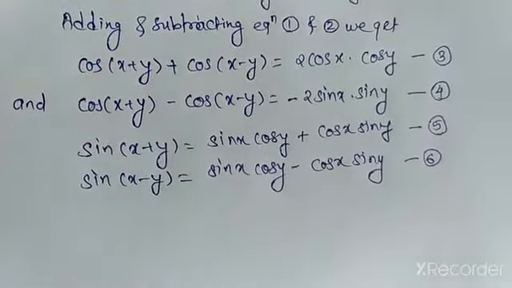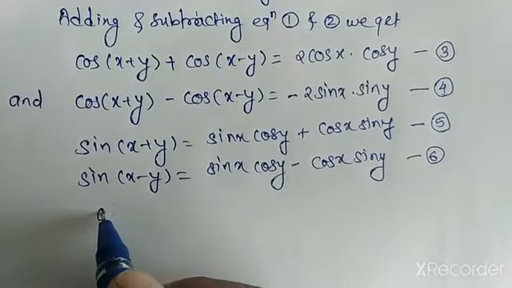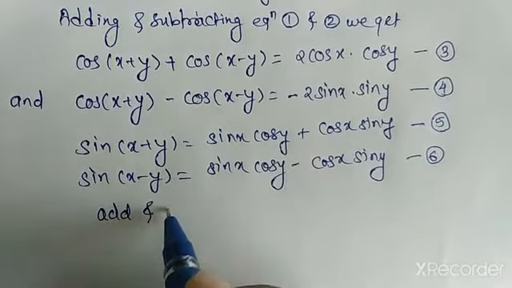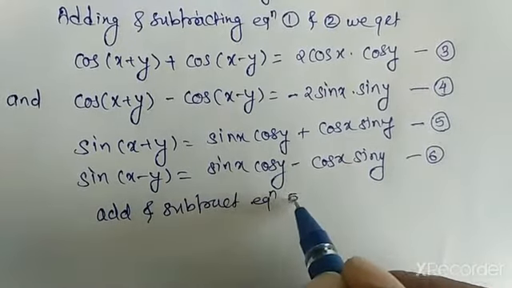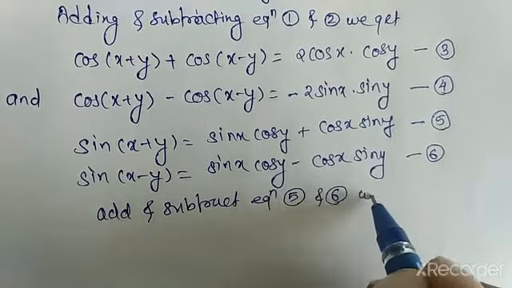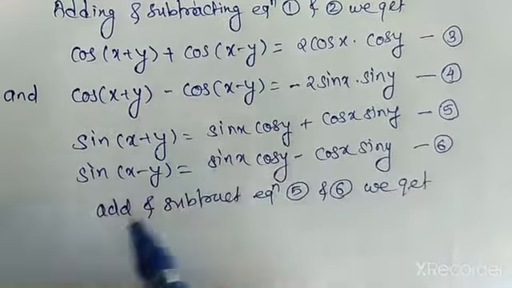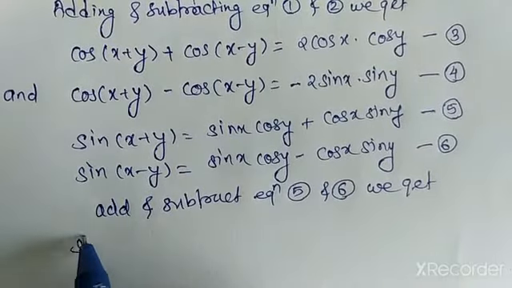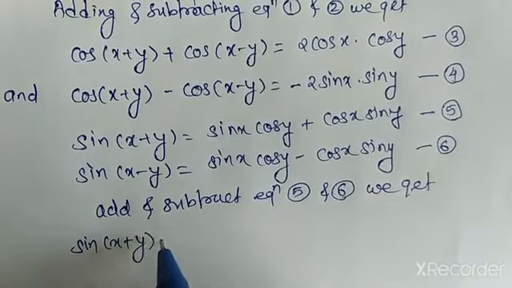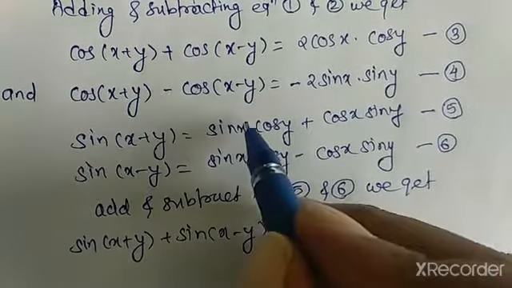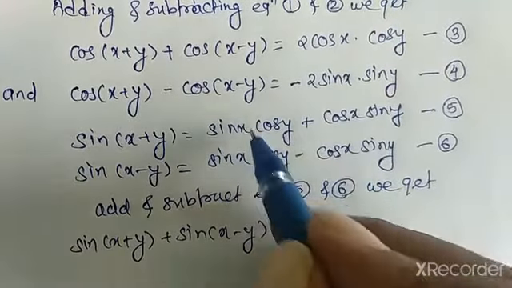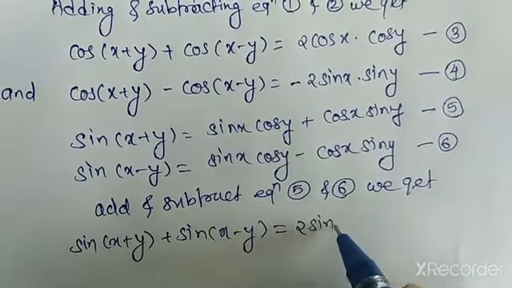Again add and subtract equations 5 and 6 and we get sin (x plus y) plus sin (x minus y) is equal to, here the cos x sin y terms get cancelled, only twice sin x cos y remains.